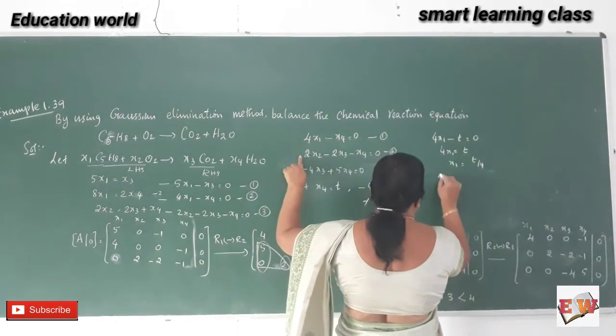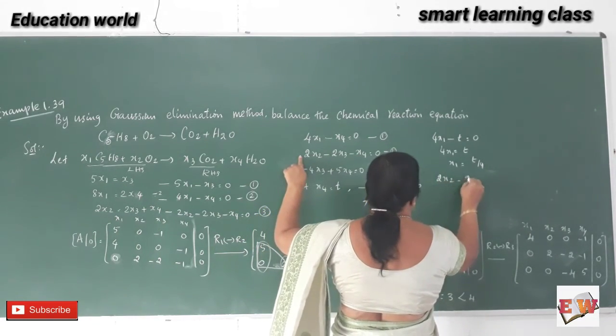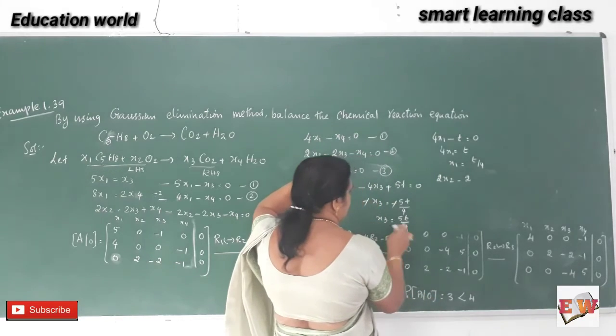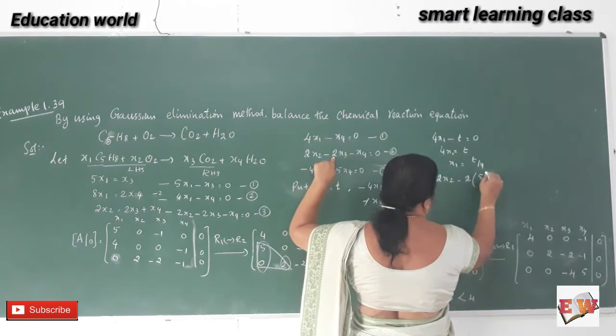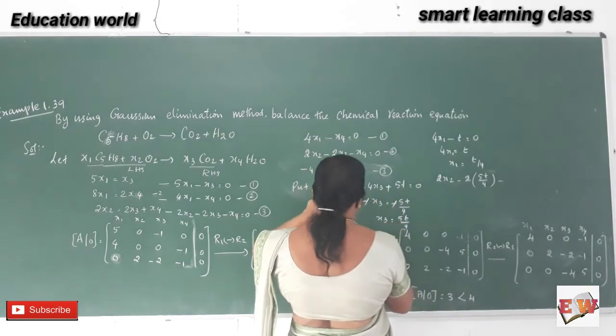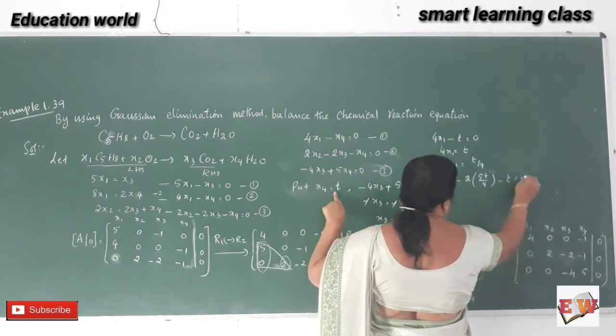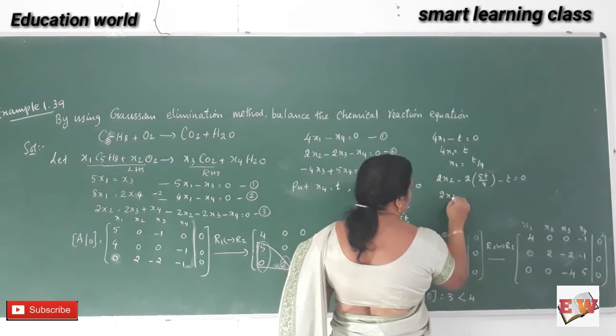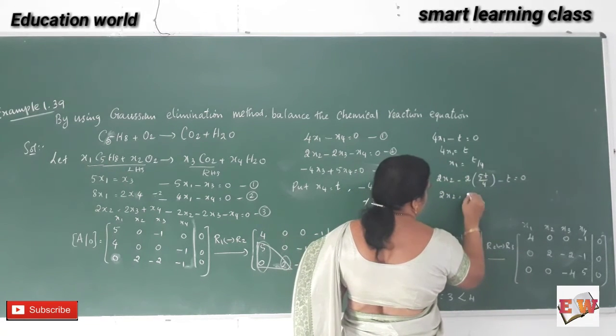Just substitute these values in equation 2. 2x3, what is that? 5t by 4, minus x4. What is that value? x4 is t, equal to 0. 2x2, you just bring these two terms this side.